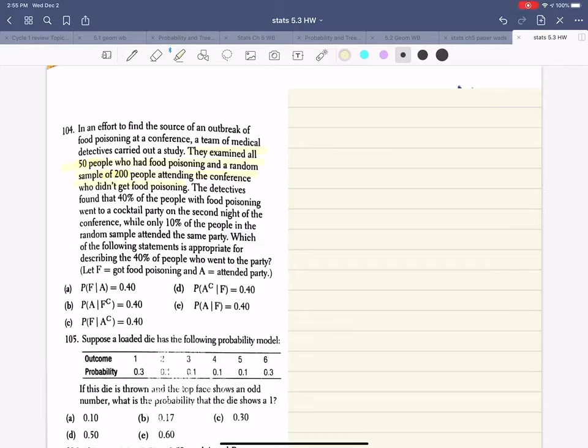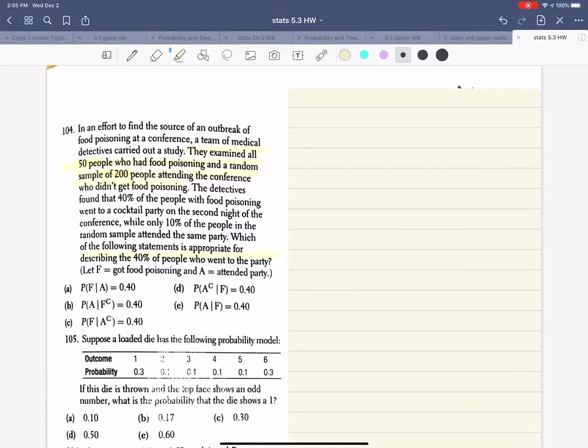The detectives found that 40% of the people with food poisoning went to a cocktail party on the second night of the conference, while only 10% of the people in the random sample attended the same party. Which of the following statements is appropriate for describing 40% of the people who went to the party?